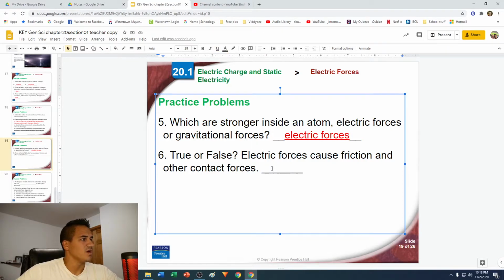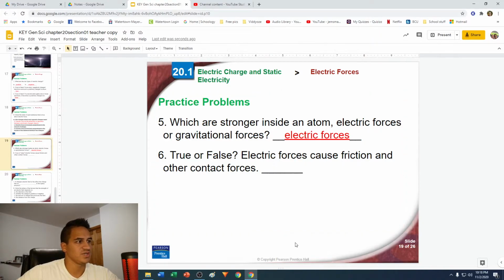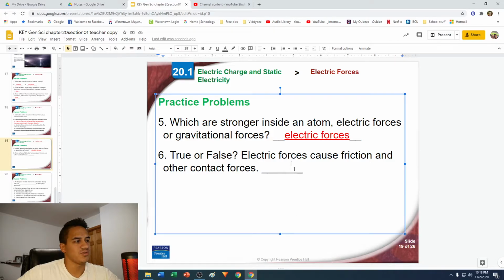So, all right, number 6, true or false, electric forces cause friction and other contact forces. So if we want to be really specific, this is true because all matter is made out of electrons and protons, and so these forces that are always interacting between all the atoms that our whole body is made of cause all the other forces. When two things are rubbing against each other, and you can feel that, that's because of the electric charges that all the atoms have in your hands that are rubbing past each other.